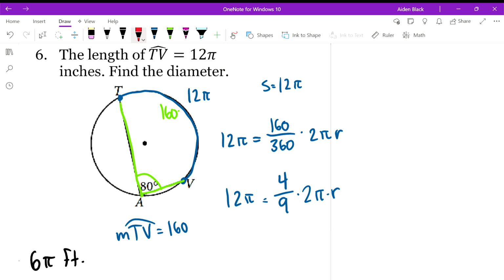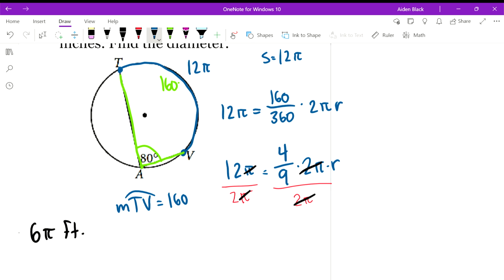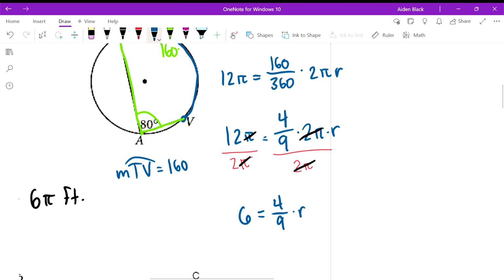Again, the easiest thing to do in this case is start by dividing both sides by 2 pi. You'll notice that your pi's cancel, and then 12 divided by 2 is 6. So 6 is equal to 4/9 times r. Once again, our variable is being multiplied by a fraction, so we must multiply both sides by the reciprocal.